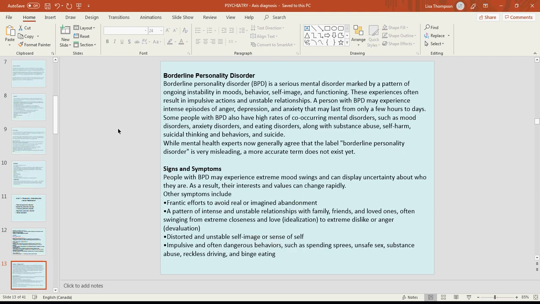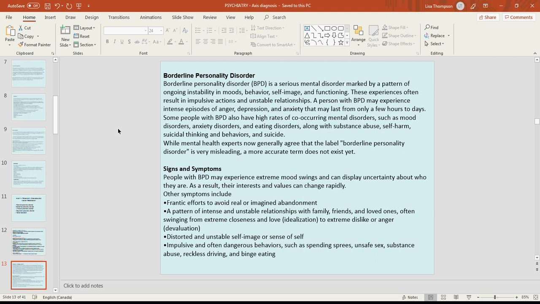Borderline personality disorder, otherwise known as BPD, is a serious mental disorder marked by a pattern of ongoing instability in moods, behavior, self-image, and functioning. These experiences often result in impulsive actions and unstable relationships.